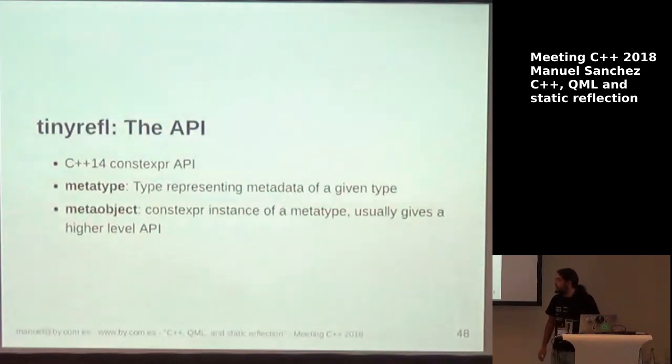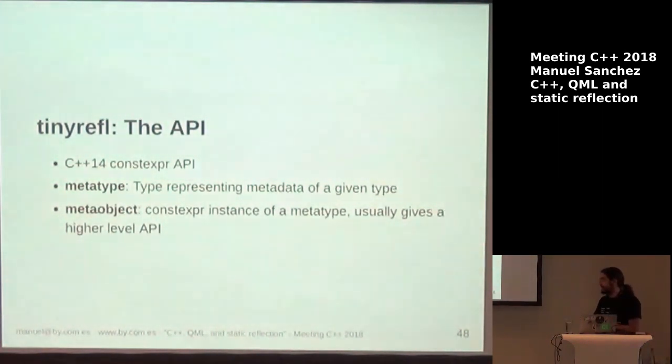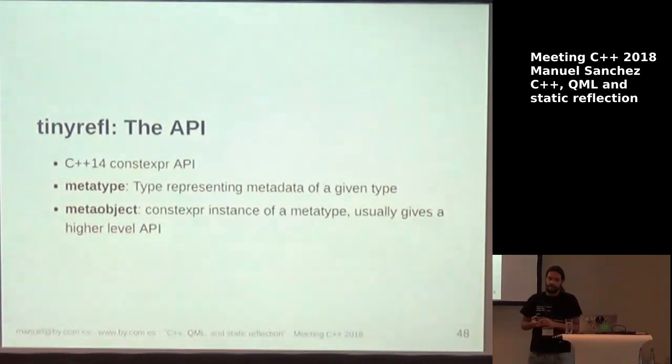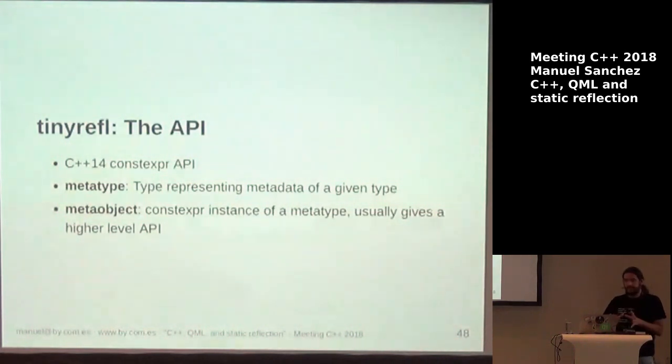And finally, the API we will use for the QML stuff is a high-level API using constexpr and C++14. The idea of the API is that the metadata itself is represented by types.